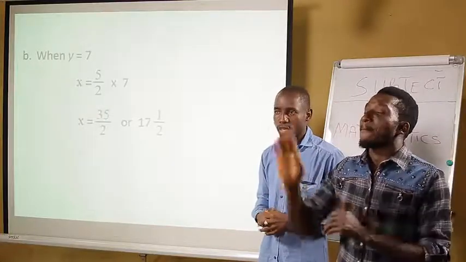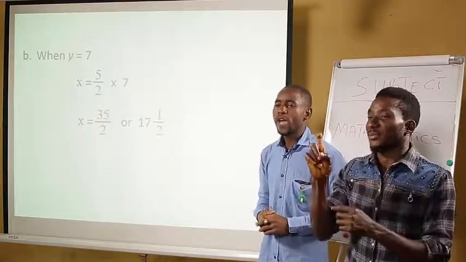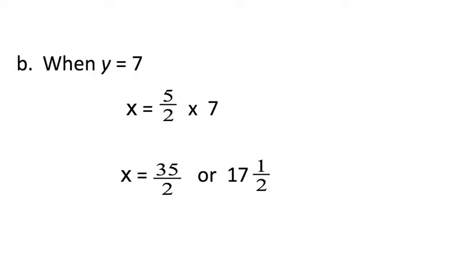Then B part of the question, we are to find the value of x when y equals 7. When y equals 7, then what will happen to that equation? Remember, the equation is x equals 5 over 2 y. Now you substitute the value of y, which is 7, in the equation.